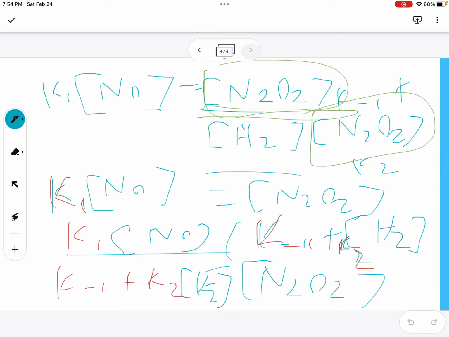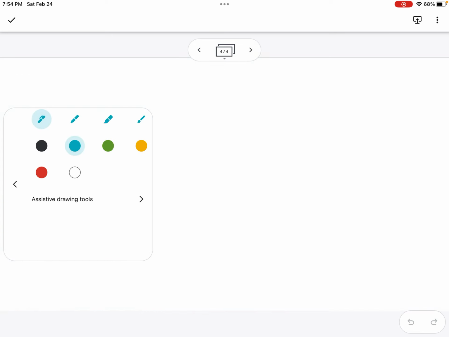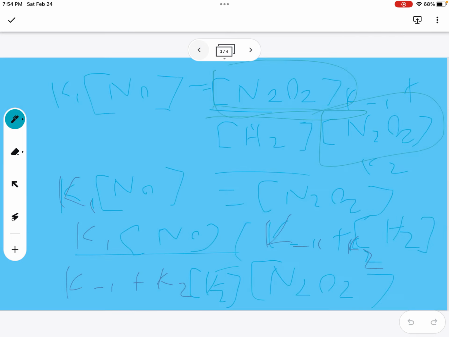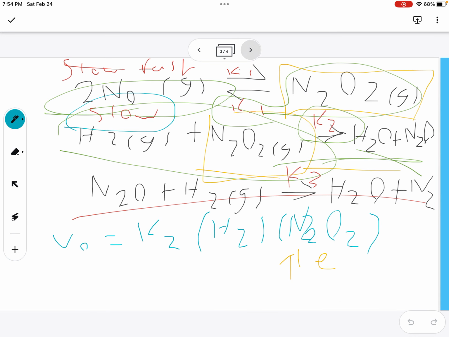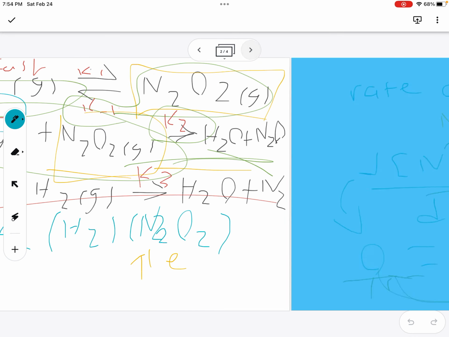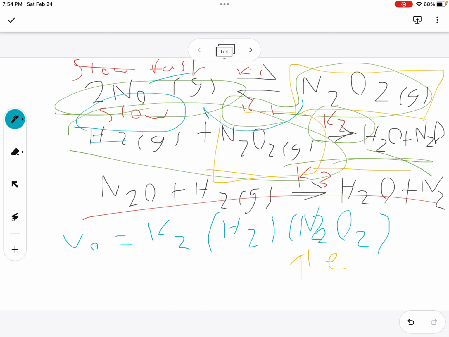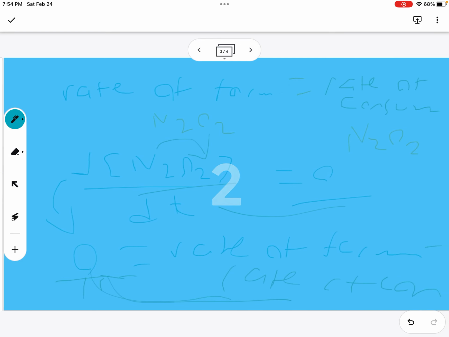Another big part of the steady state approximation is as follows. Because we said that this step is slow and this step is fast, we're going to assume that the rate of decomposition of N2O2, or the rate of consumption of N2O2, is much quicker than the rate of formation of N2O2.